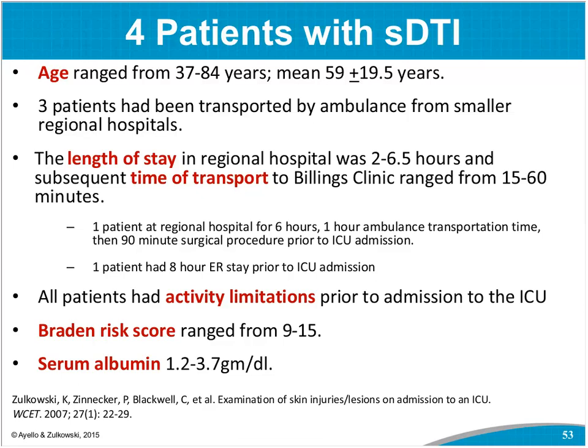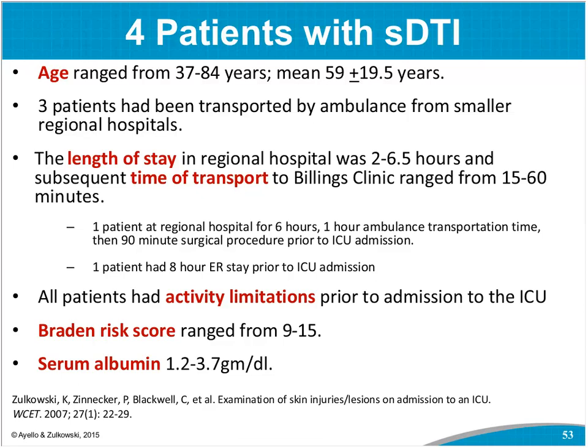All the patients had activity limitations prior to admission to the ICU, so these people had probably been sitting around in their recliner, having problems breathing, not moving very much to start with. And like I said, the Braden risk score was 9 to 15, so some of them would have shown really high risk, some of them would have been at risk, but not quite as bad.